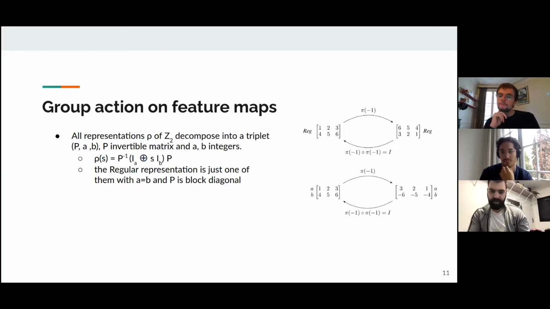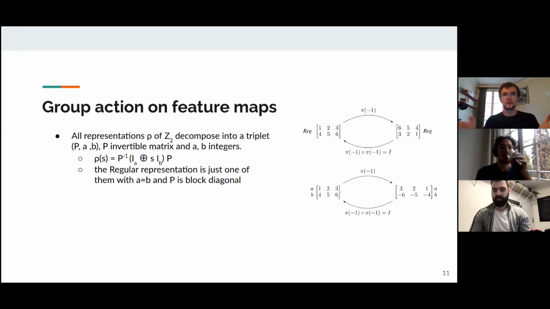Sorry, here S_IB is just a matrix that's 1 for the identity and -1 for the other element of the group. That's it. So basically S is the group element.